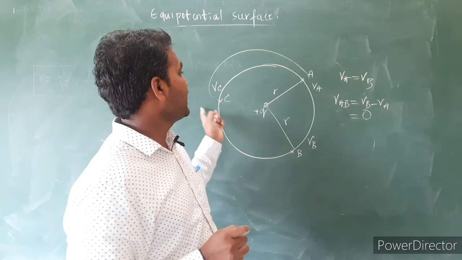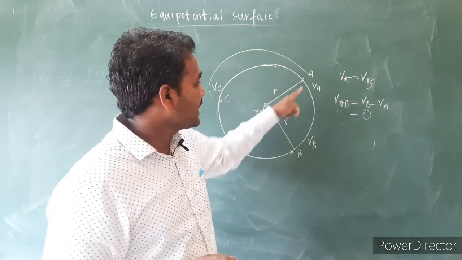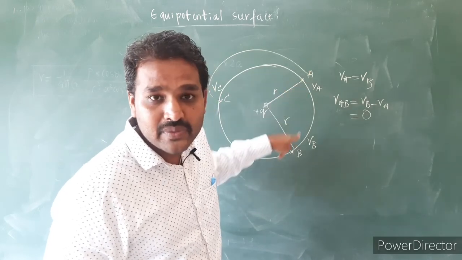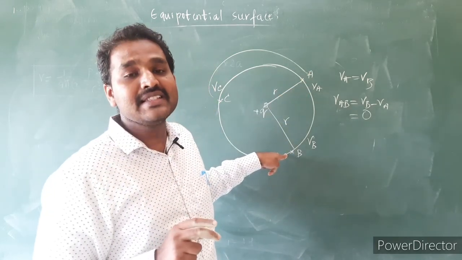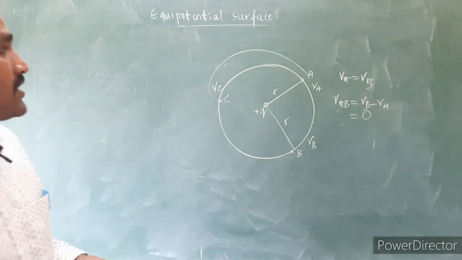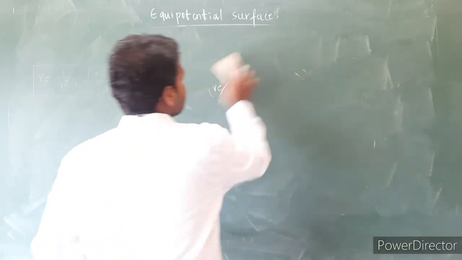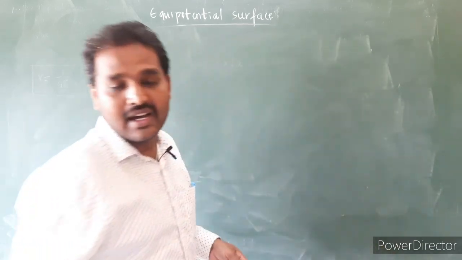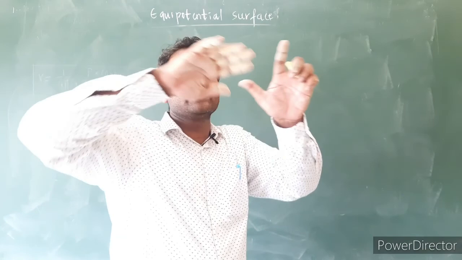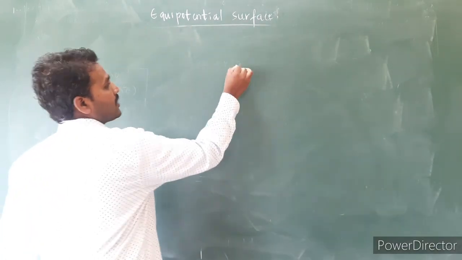Yes, I repeat again, equipotential surface is a surface on which the electrostatic potential difference between any 2 points is equal to 0. This is also a simple definition of equipotential surface. Yes. So, when my source charge is an isolated point charge, the equipotential surfaces will be in the shape of spherical surfaces.